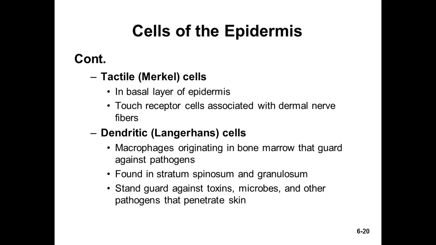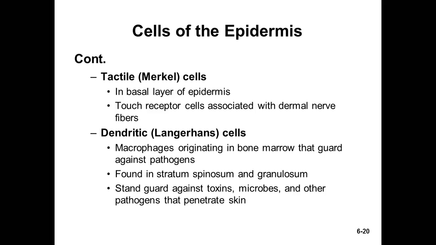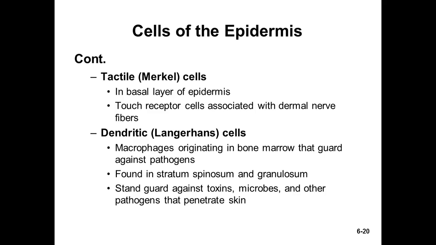Your tactile or your Merkel cells, these are receptor cells for touch. They're also a part of the epidermis as well. Dendritic cells, you need to be familiar with. That's the large green cell on page 183 of your textbook.